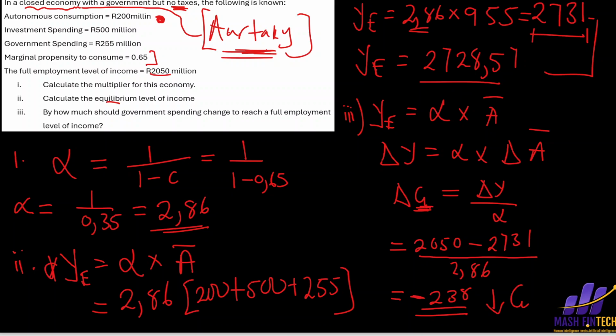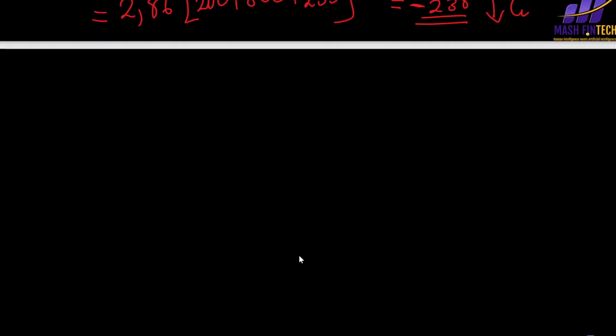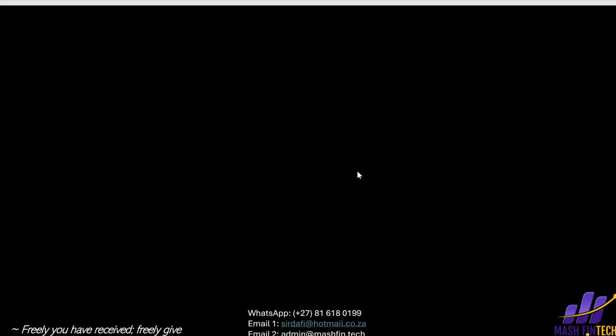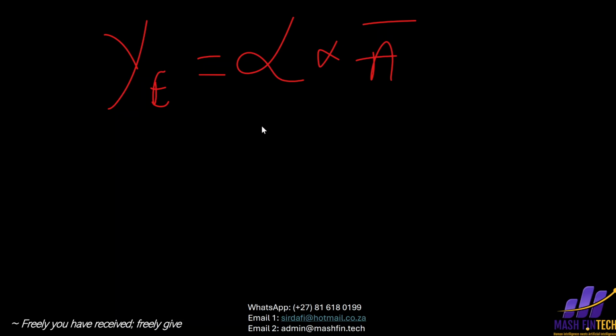So, like I promised, this was going to be a short section. The only thing that has changed is the autonomous consumption, but everything else remains the same, because we know that at the end of the day, to get the equilibrium income, we must just take our multiplier and multiply it by the total autonomous expenditure. And in this instance, because autonomous expenditure does not depend on income, our multiplier remained 1 over 1 minus the marginal propensity to consume.